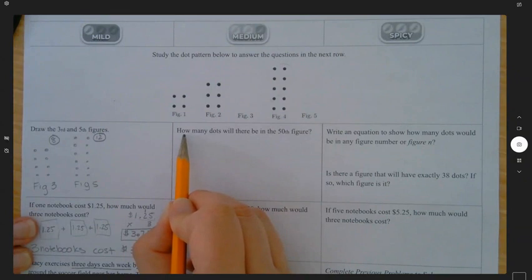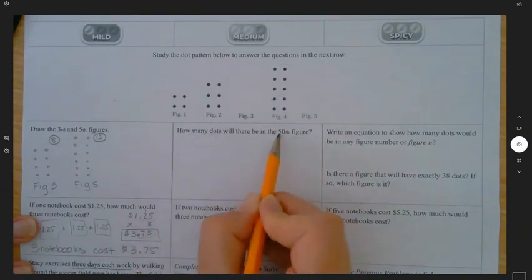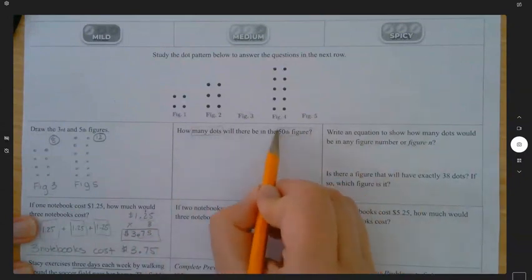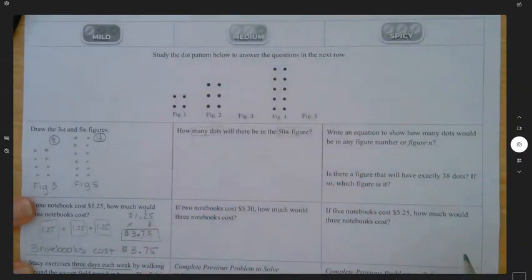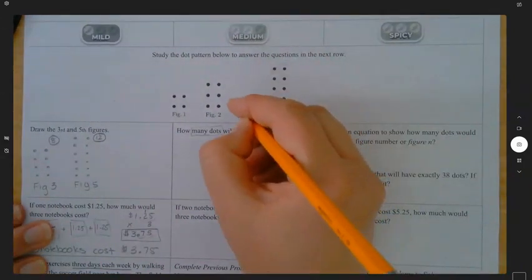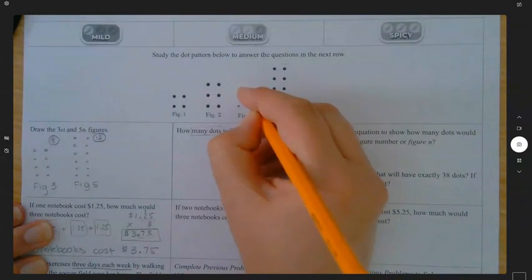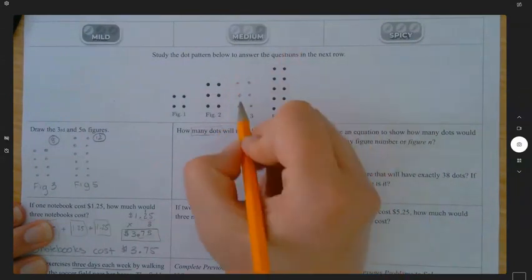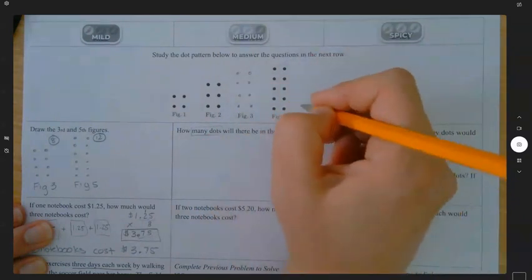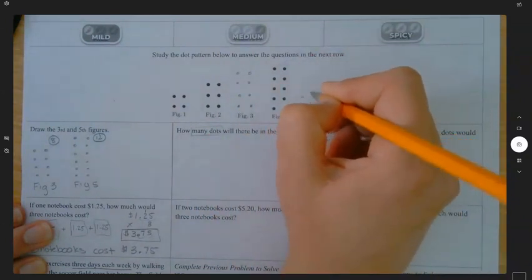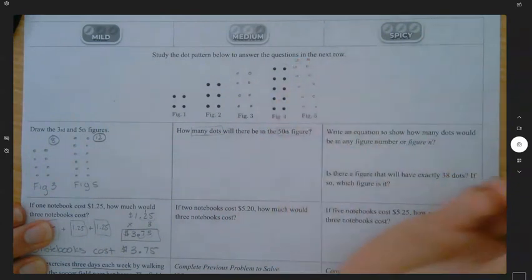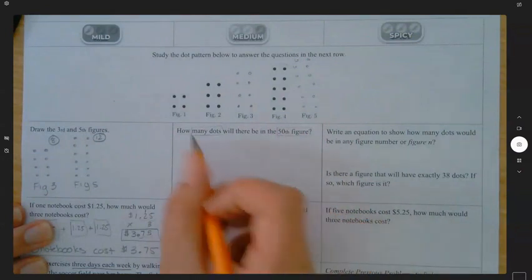So what we need to do for the medium is figure out how many dots are going to be in the 50th figure. I'm going to fill in figure 3. And I'm going to fill in figure 5. And then I'm going to count how many dots in each one and just see how it's related.